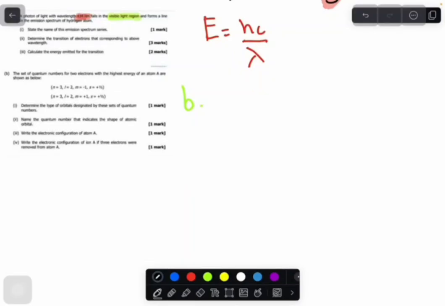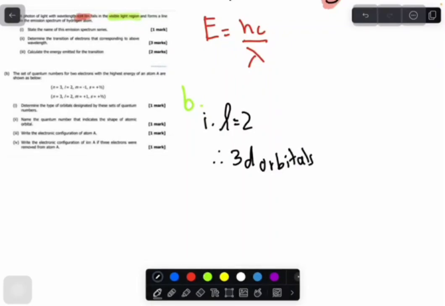So the first question is, determine the type of orbitals designated by these sets of quantum numbers. So very easy, guys. Since l equals to 2, it's in the question, therefore it's 3d orbitals.